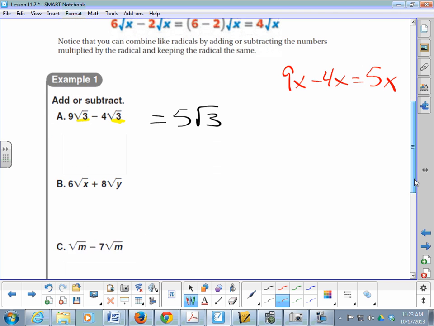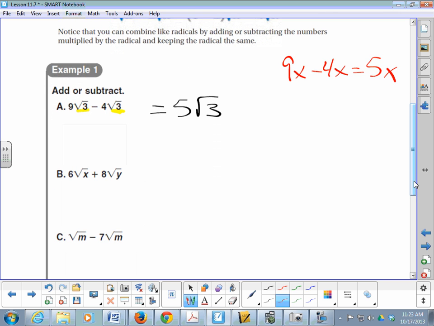Letter B. Mr. Schultz, what's the answer to letter B? All right, Alec, help him out. Don't combine them since they're unlike radicals.